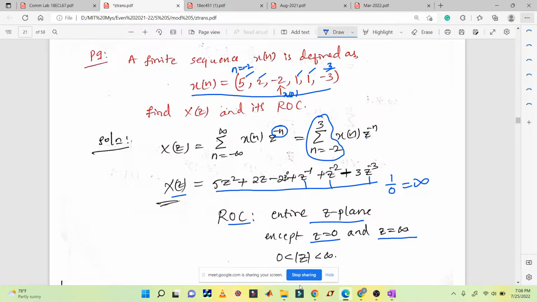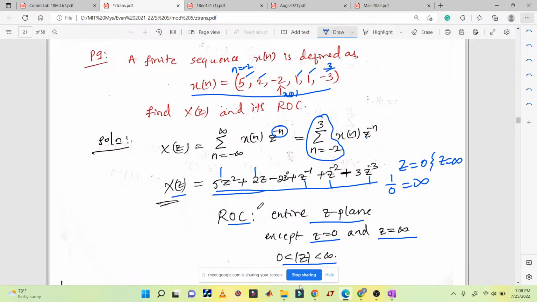If z is infinity, except for this term, these two terms will lead us to infinity, because 5 into infinity is infinity, 2 into infinity is also infinity. So except these two values, z equal to 0 and z equal to infinity, any other value z can take, that is, z will have an ROC from 0 to infinity.